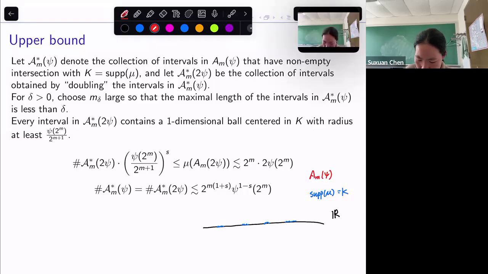Recall that they consist of intervals, so they may intersect in this way. And now we double the intervals in AM psi.